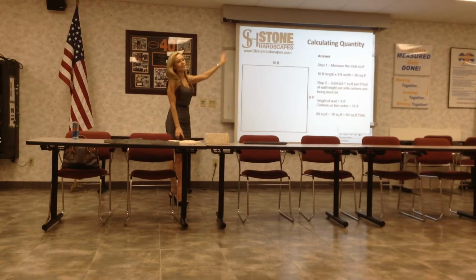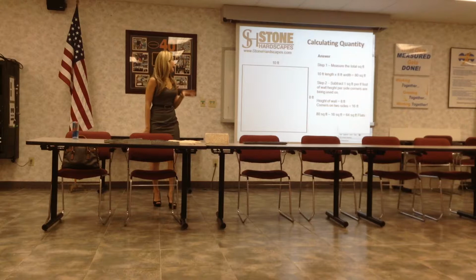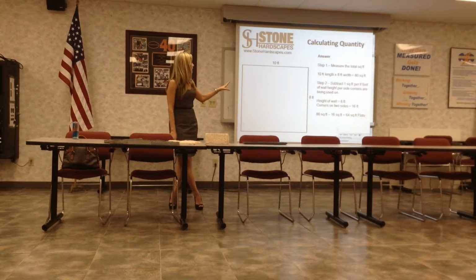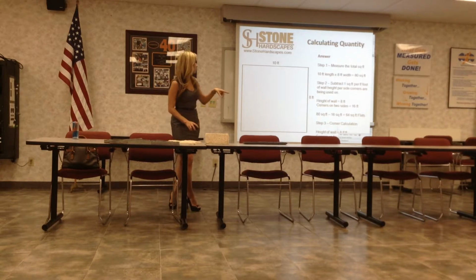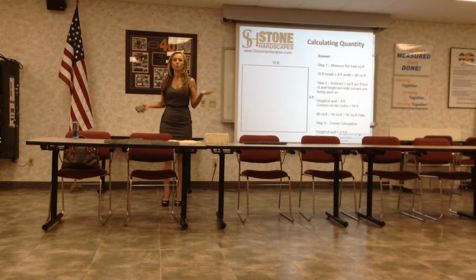And how many sides are we doing corners on? There's 2 sides. Right, so we have a total of 16 feet that we're subtracting out. So we have 80 square feet minus 16 square feet, we only have to buy 64 square feet of flats now. And then we need to buy 16 linear feet of corners.